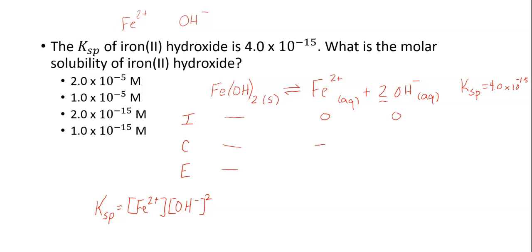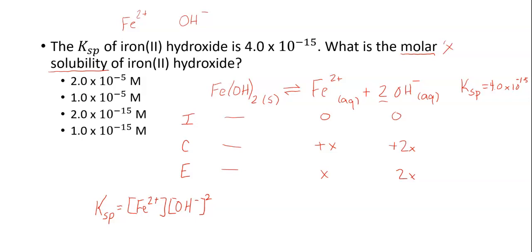And then this is going to be plus x, plus 2x because of the coefficient 2. So x, 2x. Okay. Before we go any further, let's clarify that anytime it asks about the molar solubility of a substance, that is really just x.